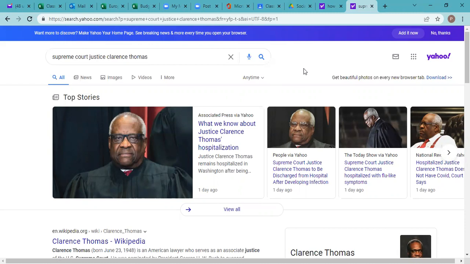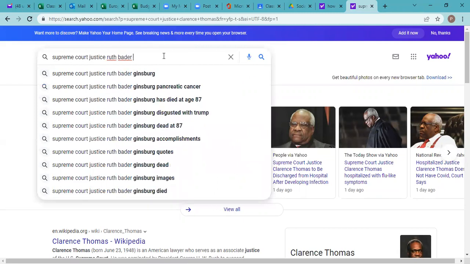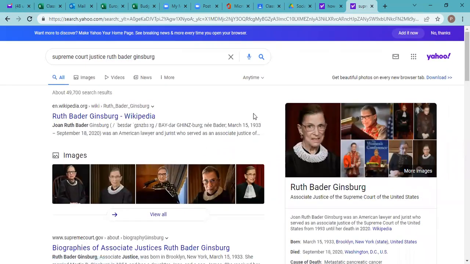In fact, one of our previous Supreme Court justices, Ruth Bader Ginsburg, passed away. And here she is. She is known as RBG. She is Caucasian, and you can tell her apart from the other justices because she is very, very petite.